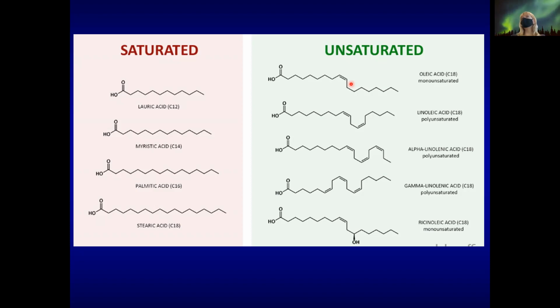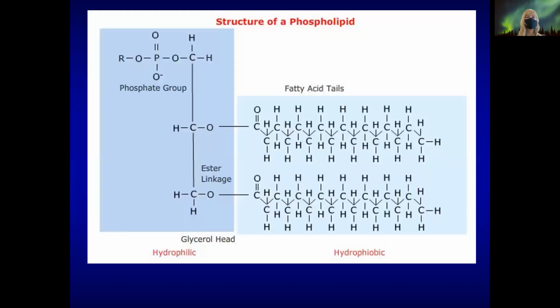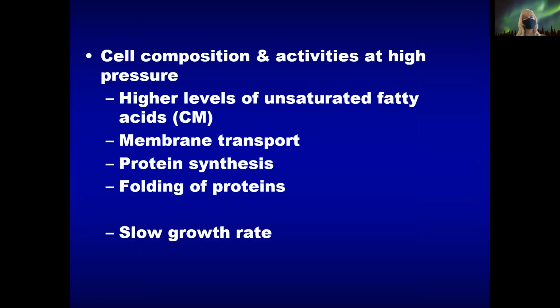So having a relatively fluid membrane is incredibly important for any living organism. And so this is one strategy that they have used to adapt to these high pressures. They just pack their cell membrane full of lots of unsaturated and probably polyunsaturated fatty acids.